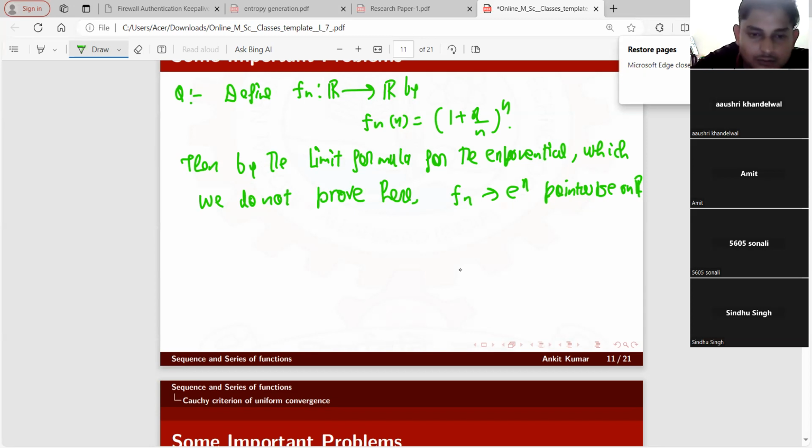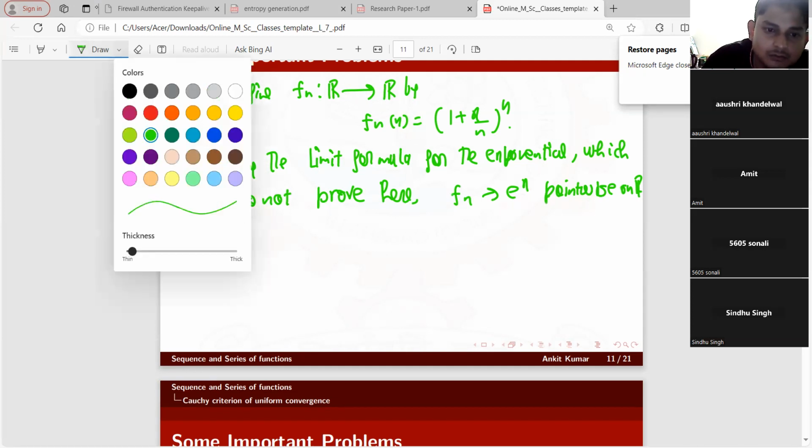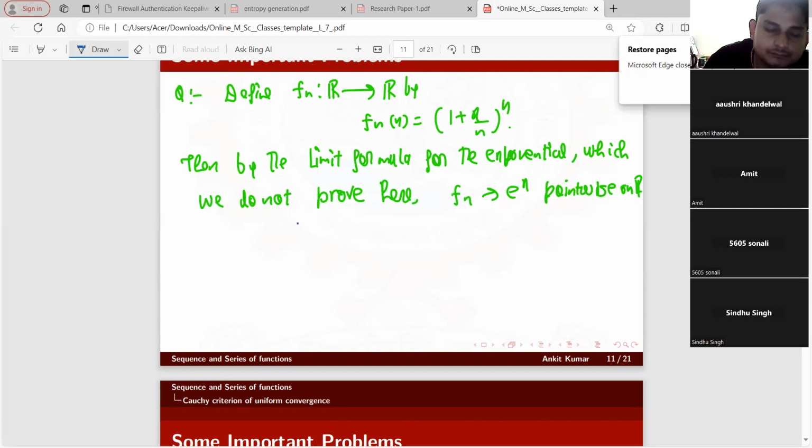Now we also see again what is uniform convergence.